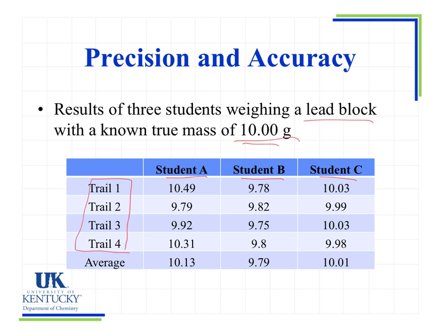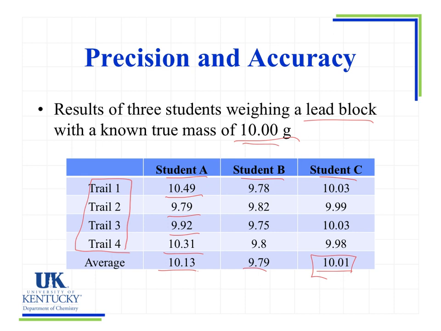Student A had these numbers, then student B and student C. You see here the average. Which one of these has an average closer to the accepted value? You see this one is closer, it's 10.0901, and then we have these two.